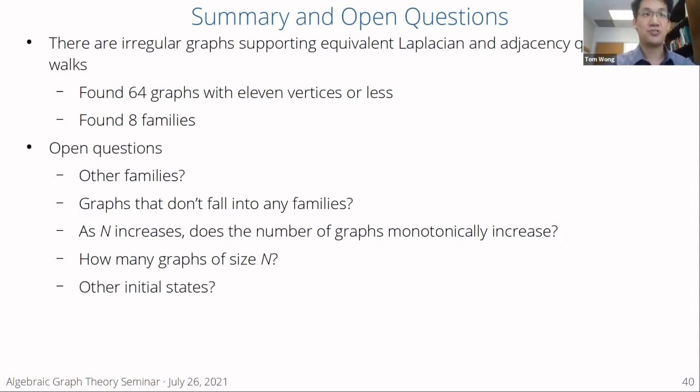Another question is other initial states. We assume that you just start at 1 vertex. What if you start in a superposition state? Actually, when I first did my simulations, I had a bug in my code where instead of starting at a new vertex, it added to the existing starting vertex. So basically, I was walking in superposition and just adding vertices.